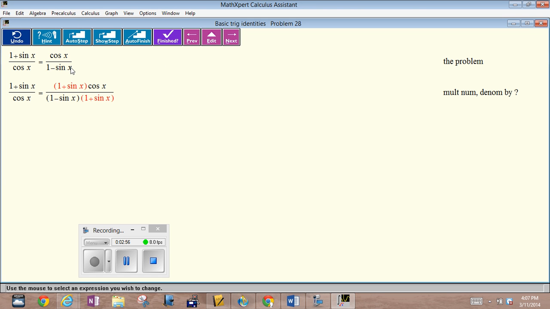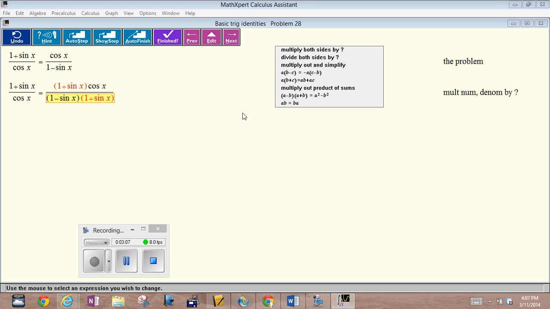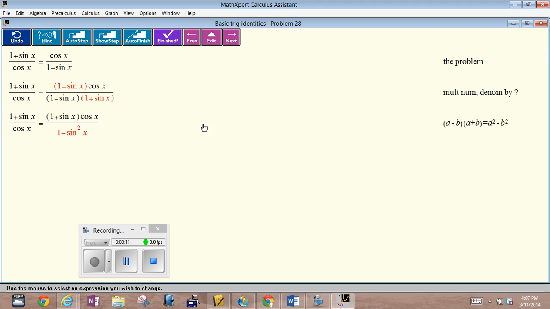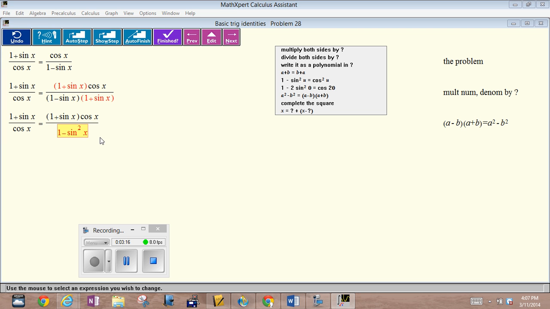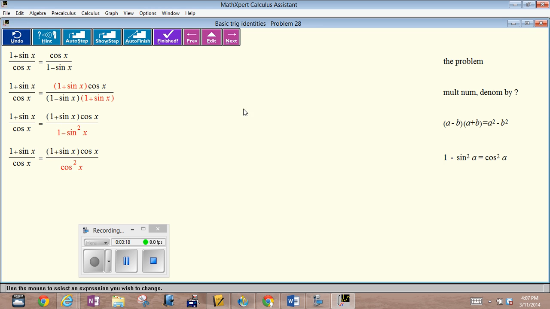Okay, so now I've elected to multiply by 1. It's perfectly legal because it's multiplying by 1. The reason for doing that is because you can see the denominator is going to go to 1 minus sine squared, because that's the sum and difference of binomials, which, of course, 1 minus sine squared is cosine squared.